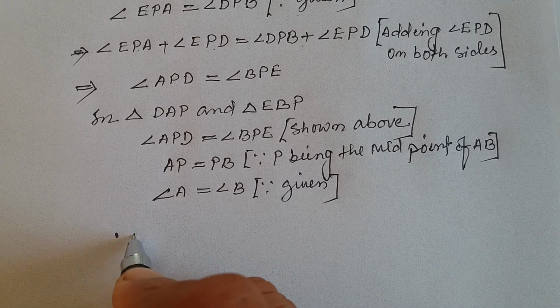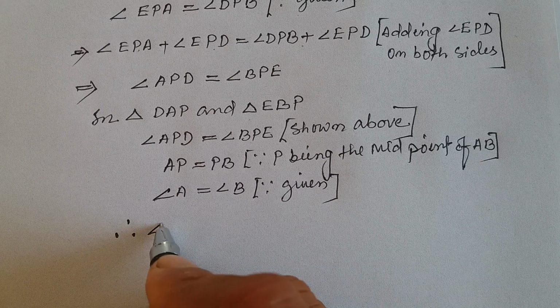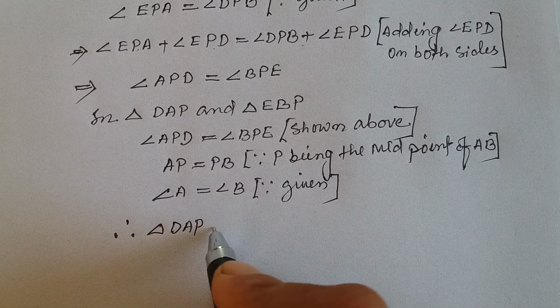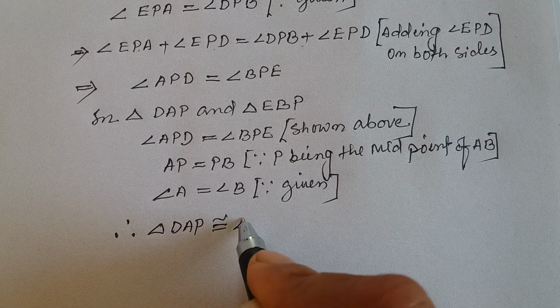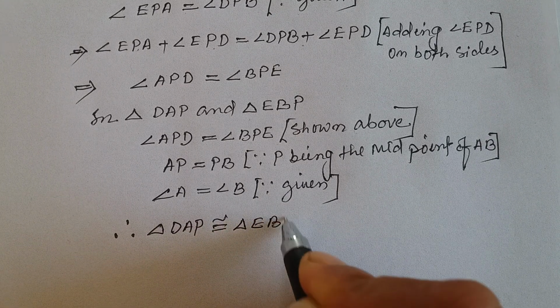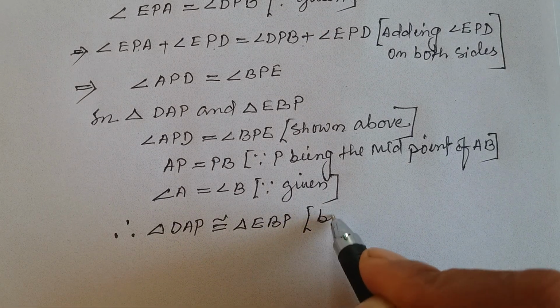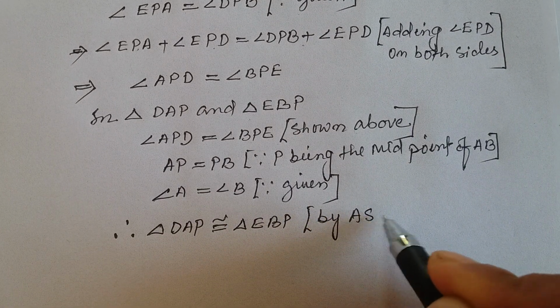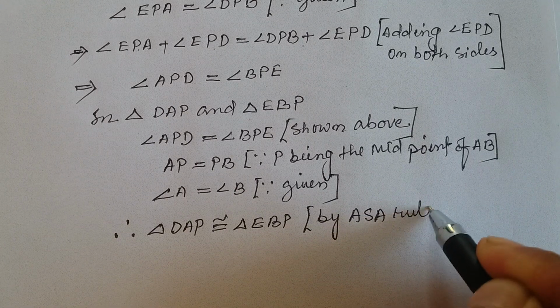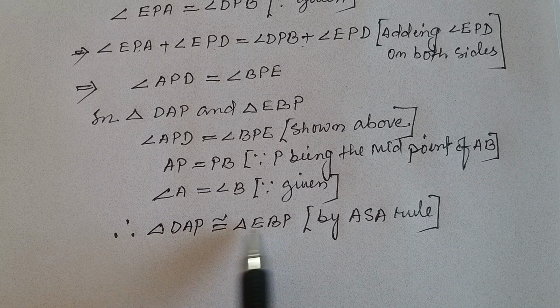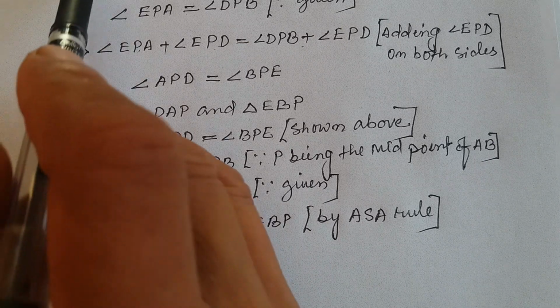Therefore triangle DAP is congruent to triangle EBP. This is by the angle side angle rule. Now this is the proof of the first one.